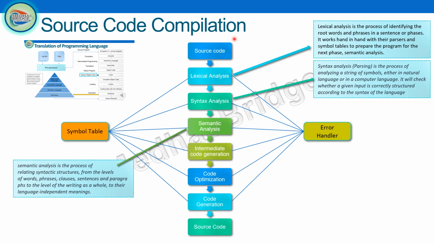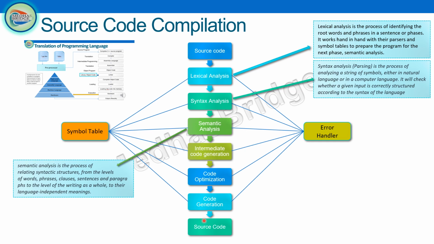Source code compilation. We have seen compilation is one of the conversion processes while translating programming languages from source to executable file, isn't it? What we learned is compilation takes the source file and generates intermediate programming languages. But what exactly does it do for that? It does lexical analysis, syntax analysis, semantic analysis, intermediate code generation, then after optimizing the code, generating the final code.